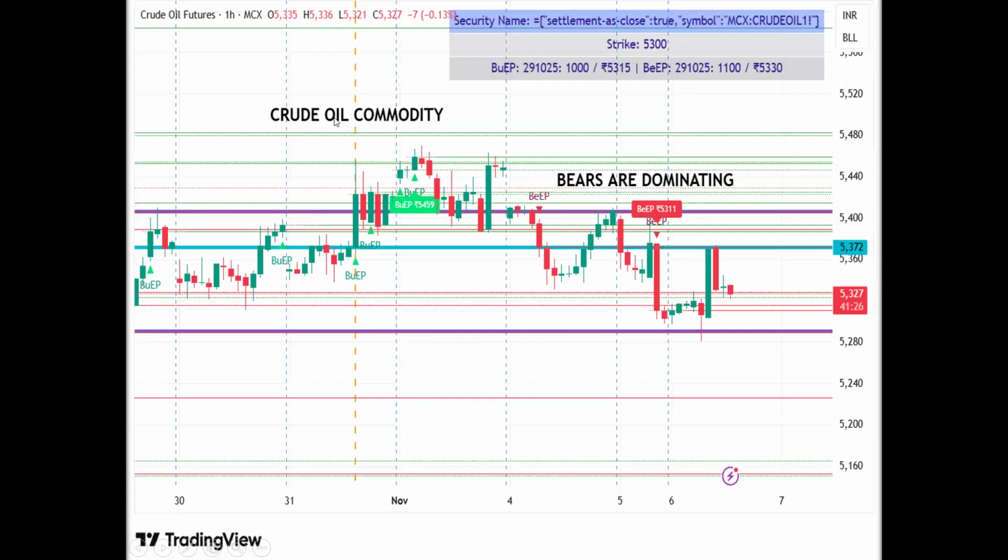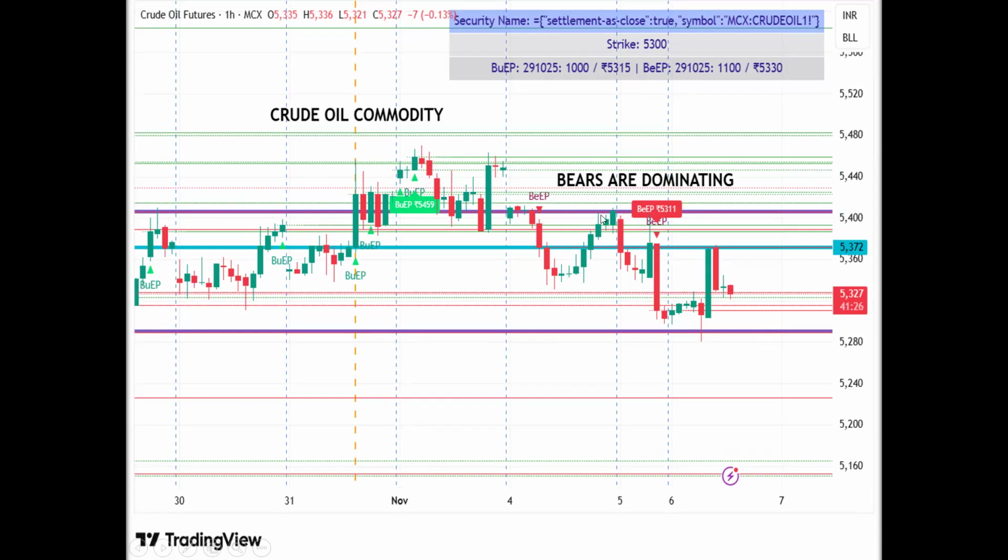Here in crude oil, the bullish and bearish EP were reflected on the same day, on 29th. Both bulls and bears start like that, it will happen. Then you can see the bearish EP is dominating now and the market is going down.